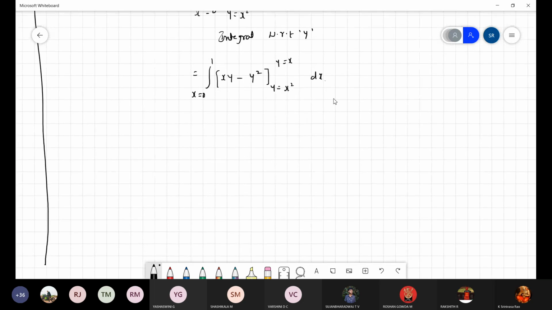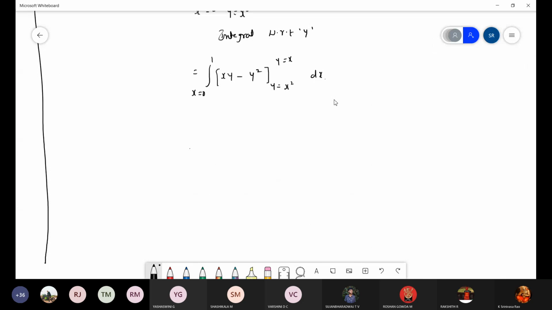Yes, substitute and simplify. This becomes the integral x equals 0 to 1, I will write as it is. Upper limit y equals x: if I substitute here, x into x becomes x square, minus this x square. This is upper limit minus lower limit. What is the lower limit?